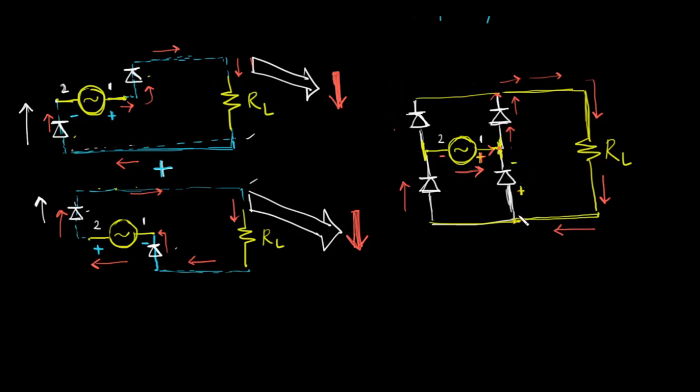So this diode is still off and the current cannot turn this diode on. The current passes through here, it goes to here, it goes to here, and it returns through this terminal. Okay, so what is the path of our current in the positive cycle? The path of our current is, you can see, like this. The red lines that I have drawn, this is the positive cycle.